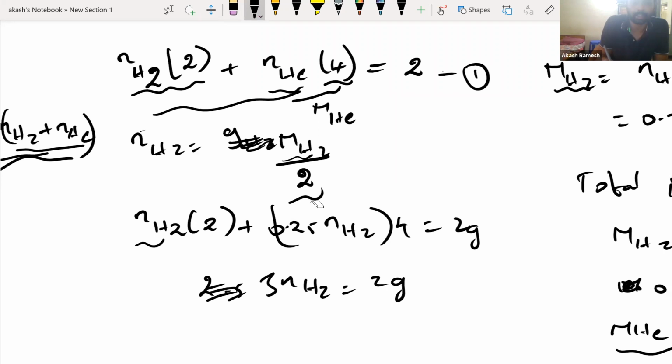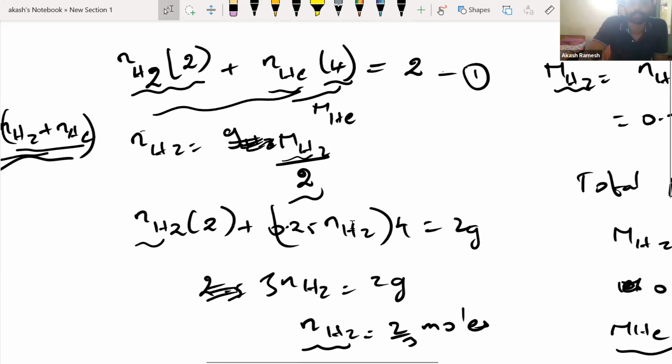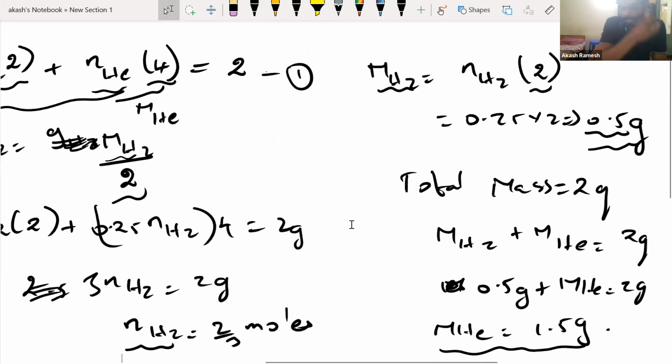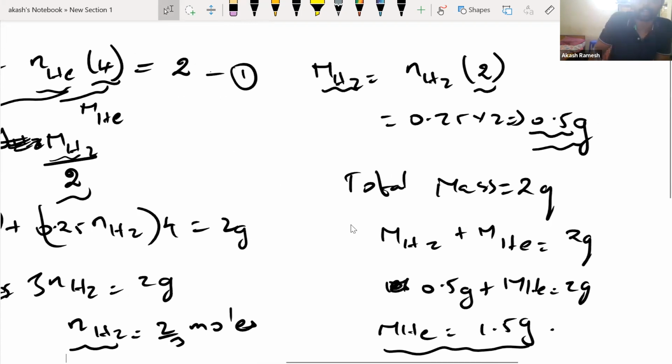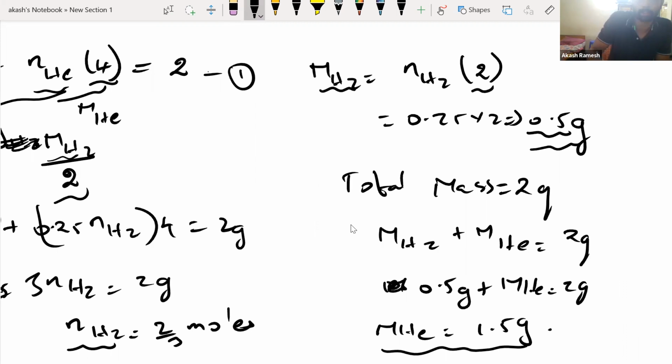Correct. So I can get the number of moles of H2 as 2 by 3 moles. We're talking about number of moles of H2, guys. So 2 by 3 moles is what I have. 2 by 3 moles is basically 0.66. No, that's not an issue. Now you have to calculate what is the mass, right? So the mass of H2 will be number of moles of H2 into 2.